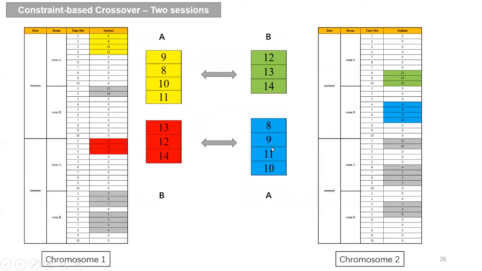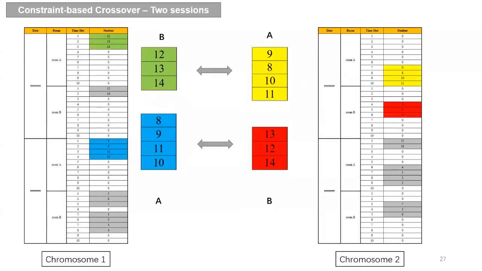So session A and B, session A in yellow and blue, session B in green and red for each chromosome. Then we swap their position. Okay, so this session we move to here, and this session we move to here. And the blue section moves to the position of the red, and the red section moves to the position of the blue, like this. By this way, we complete the crossover of two chromosomes under the two sessions condition.